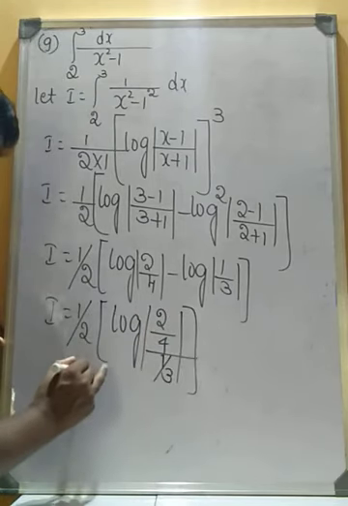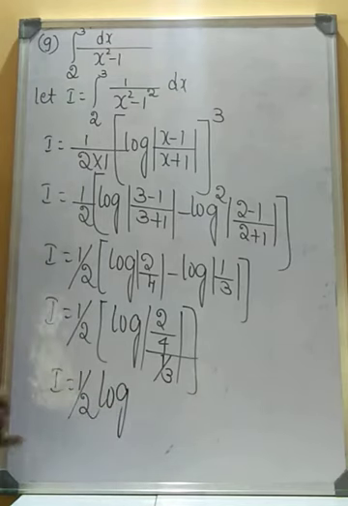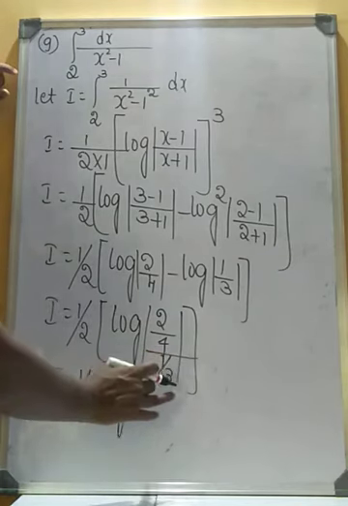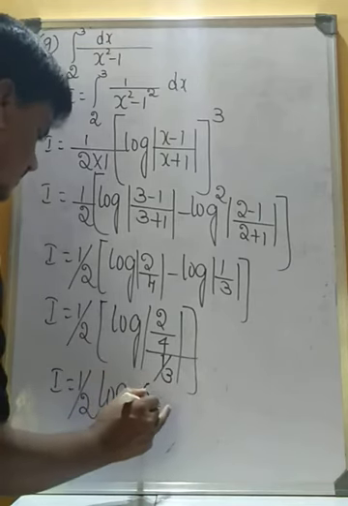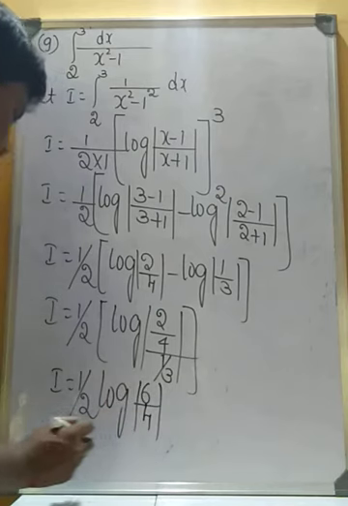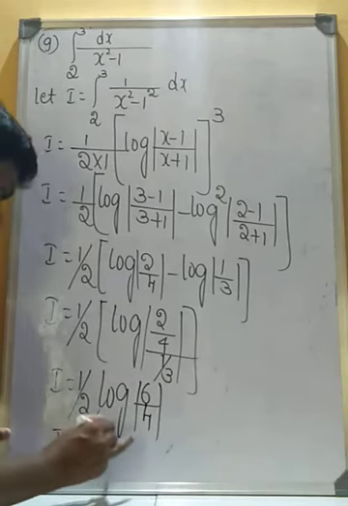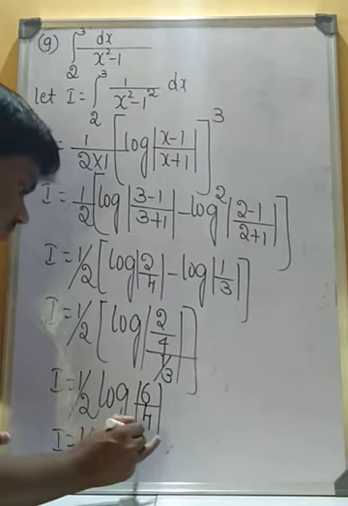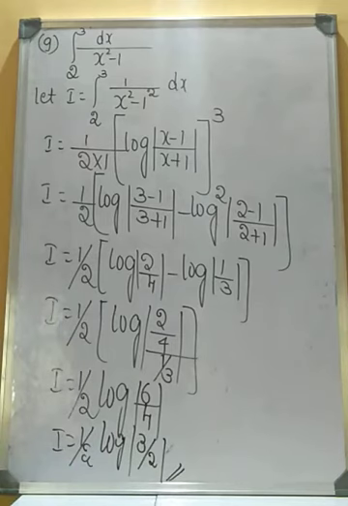So 3, 3 2s are 6, 6 divided by 4. Therefore, I equals 1 divided by 2 into log of 3 by 2.